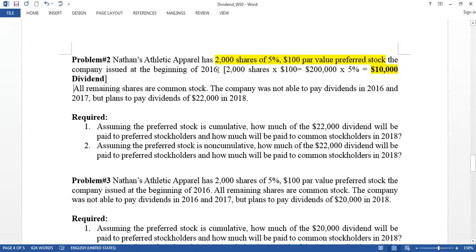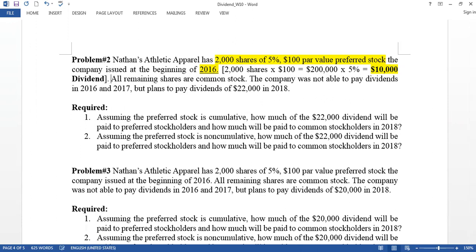And you buy this share in the year 2016. Clear? In the year 2016, you buy 2,000 shares, par value $100, 5% dividend. So $10,000 is your dividend. And all remaining shares are common stock.